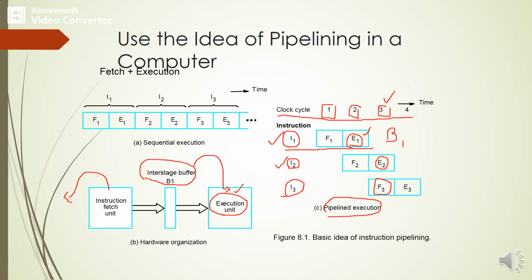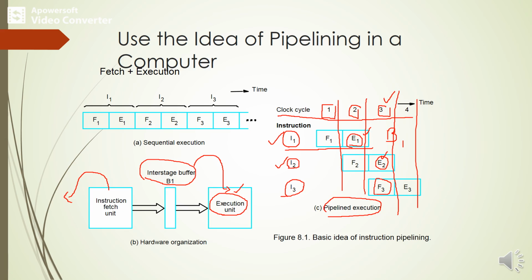So by the end of the second clock cycle, the execution of I1 is completed. During the end of clock cycle 3, execution of E2 will be completed. During clock cycle 4, the execution of I3 will be completed, and so on.